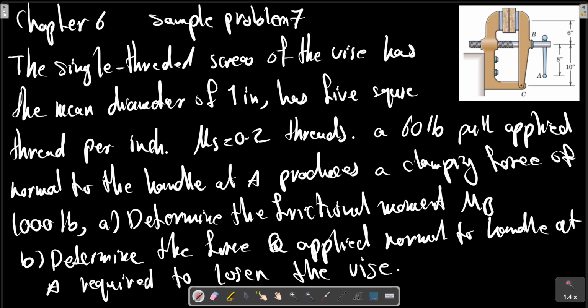produces a climbing force of 1000 pounds between the jaws of the vise.